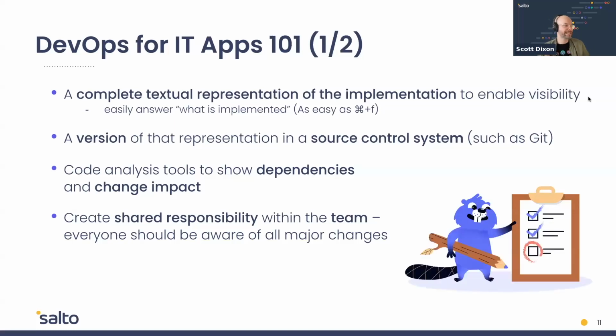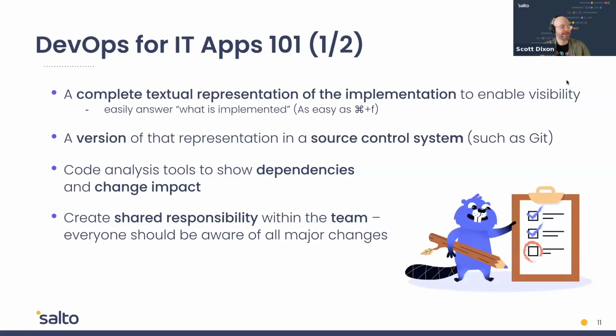So when we say DevOps for IT application, what does that mean? I wrote down a couple of these, and we'll show you later on exactly how Salto can help you achieve each of these. So one is we need a complete textual representation of the environment to enable visibility. In other words, it allows us to answer questions like, what is implemented? What are the dependencies of a particular configuration?